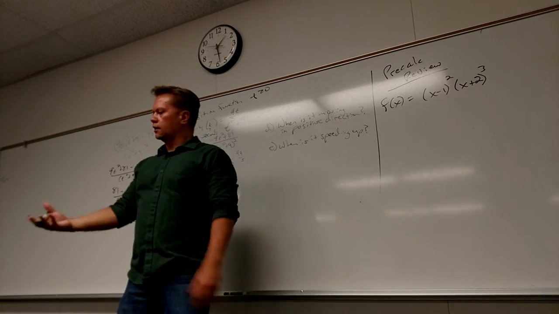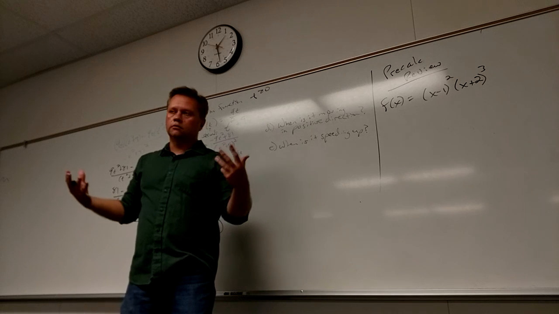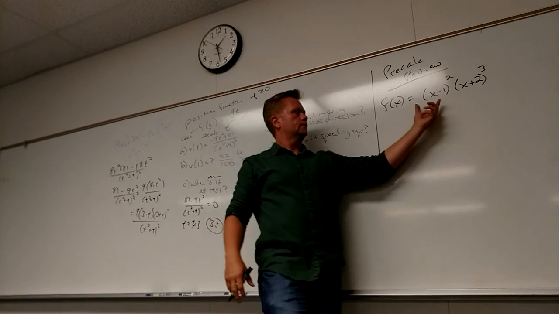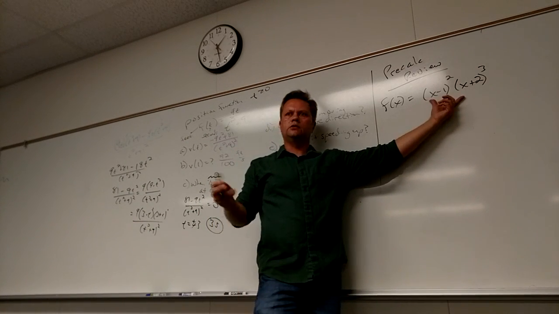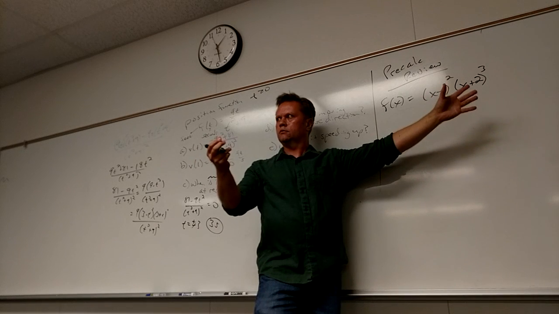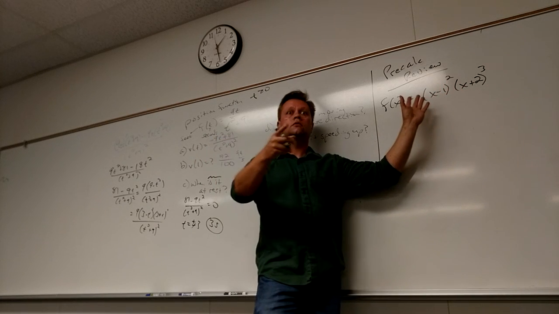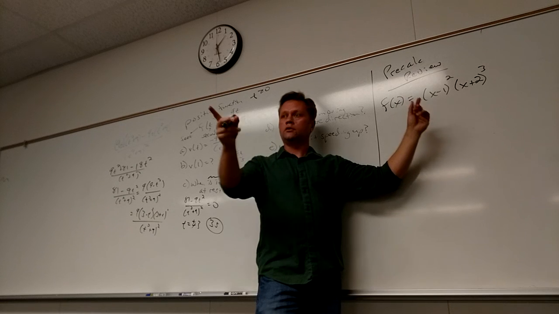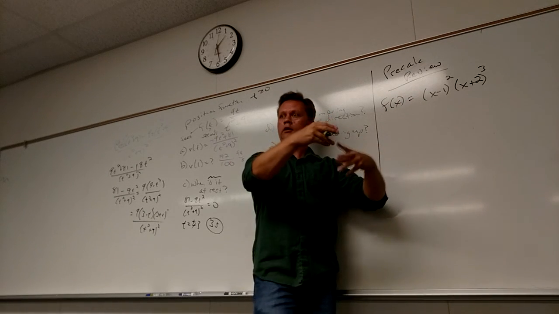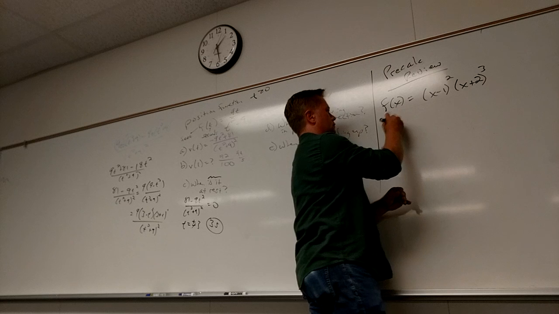Some of you are like, I got a calculator. Well, big deal. The very first thing you can notice that's useful for graphing is what? X-intercepts. And then the powers come into play later. So x-intercepts.